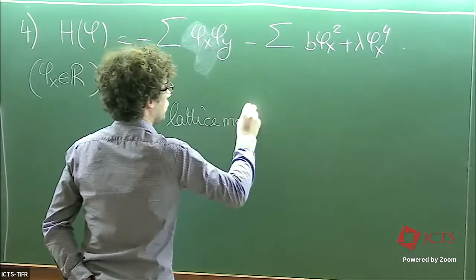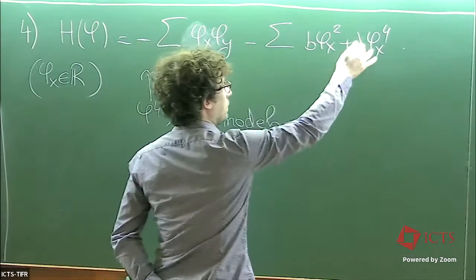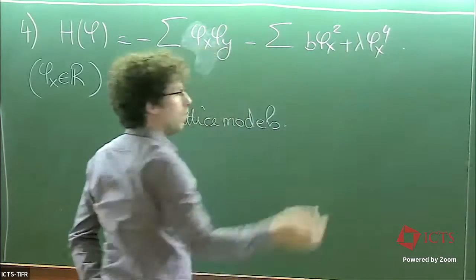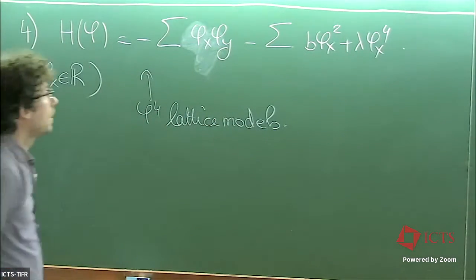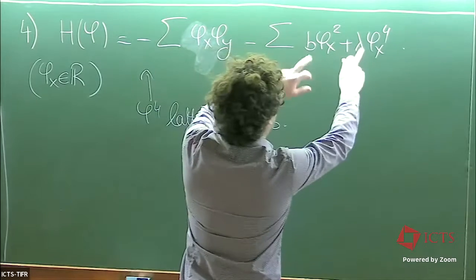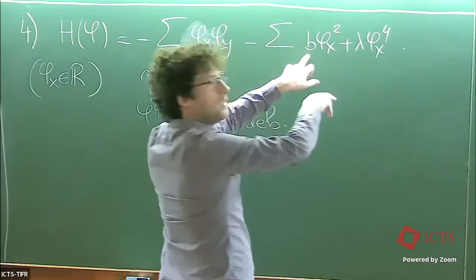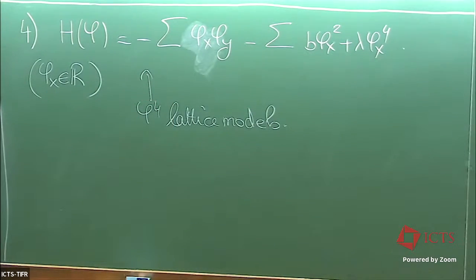And I told you, well, if lambda equals 0, you get something Gaussian because you have just a massive Gaussian free field. If you take the right limit when lambda tends to infinity and b tends to minus infinity, you get the Ising model. So these models are an interpolation between the two.